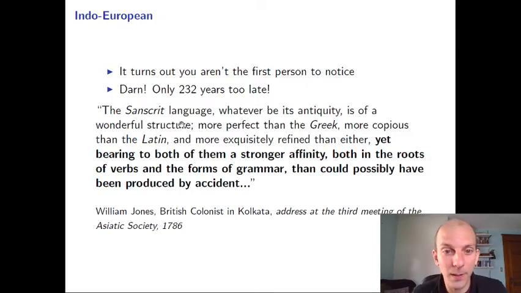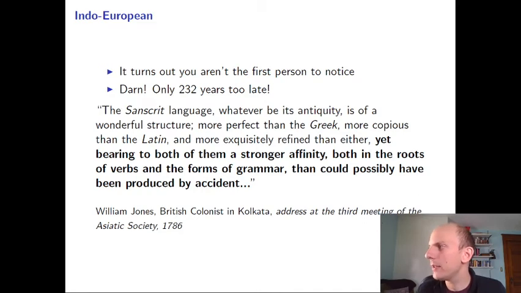But he's talking about Sanskrit, Greek, and Latin, and he's saying Sanskrit, yet bearing to both of them, where both is Latin and Greek, bearing to both of them a stronger affinity, both in the roots of verbs and the forms of grammar, than could possibly have been produced by accident.